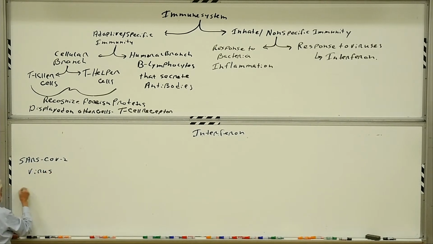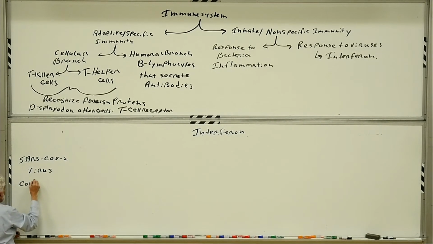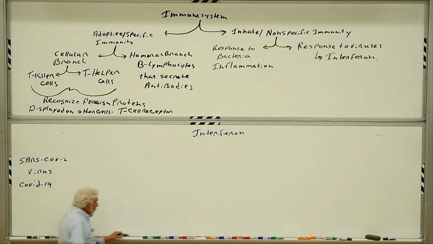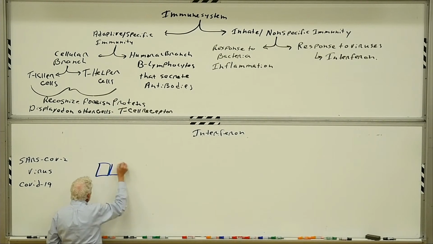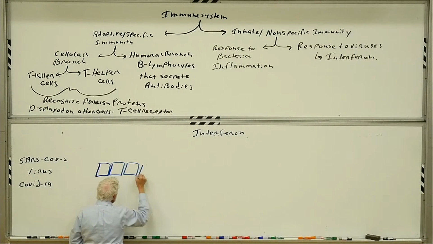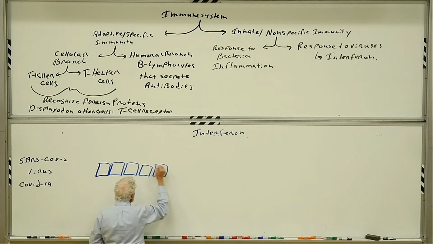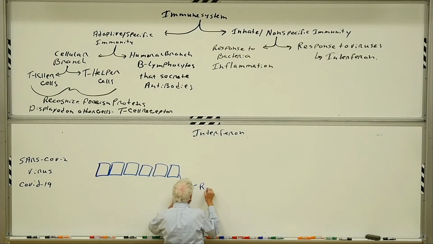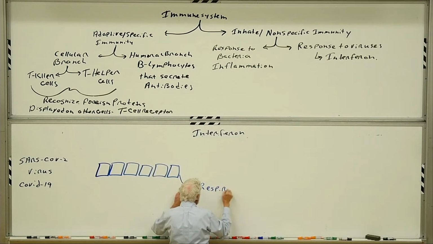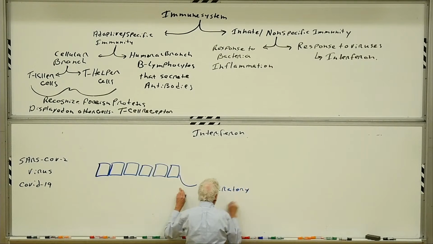This, of course, causes the disease COVID-19. The way it begins is that we can imagine this sort of row of epithelial cells. And these are the respiratory epithelial cells.